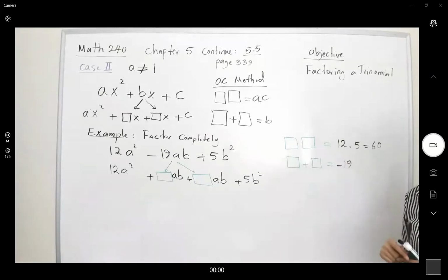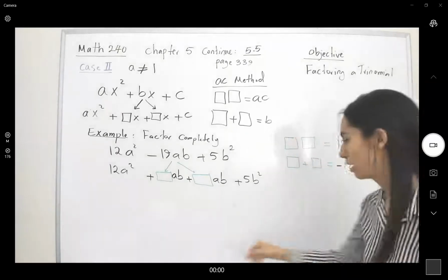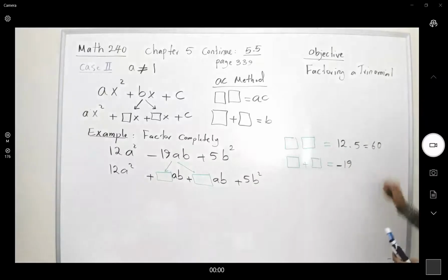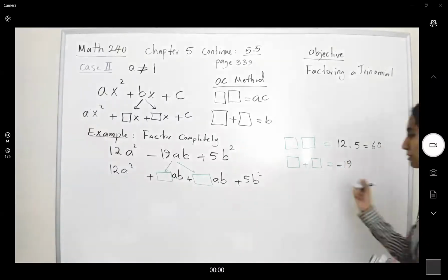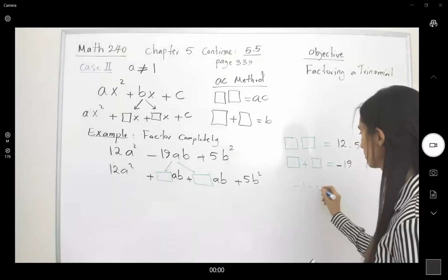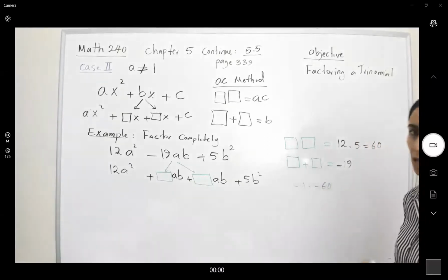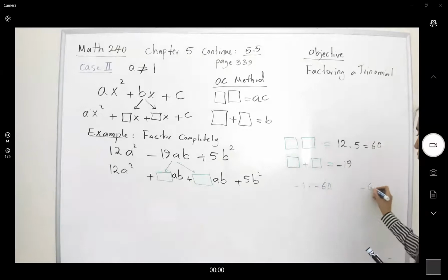Let us investigate to see what those two numbers are. The product is 60. It can be 1 times 60. Note that here we're going to get a negative number, so negative 1, negative 60. If you add them, you get negative 61.